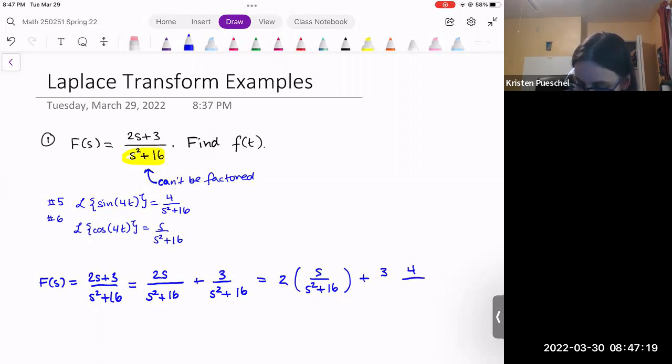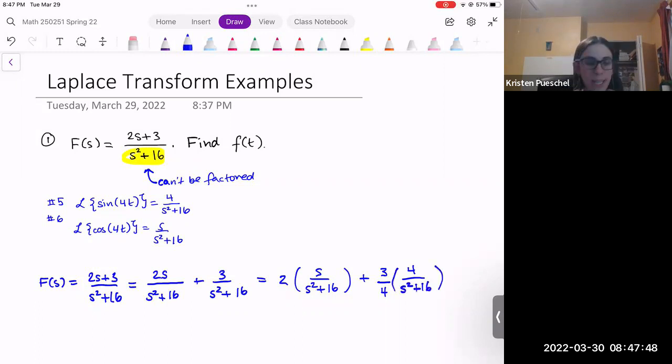So I'm going to multiply by 4, but also divide by 4. So this 3, we're rewriting as 3 times 4 over 4, and just grouping the 3/4 out front. And so this gives us 3/4 times 4/(s² + 16).